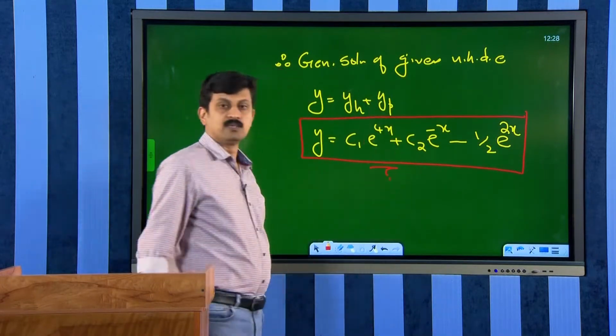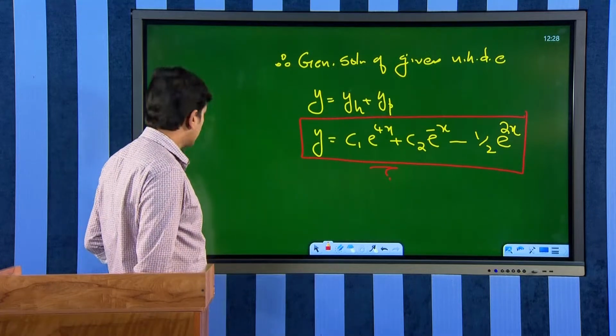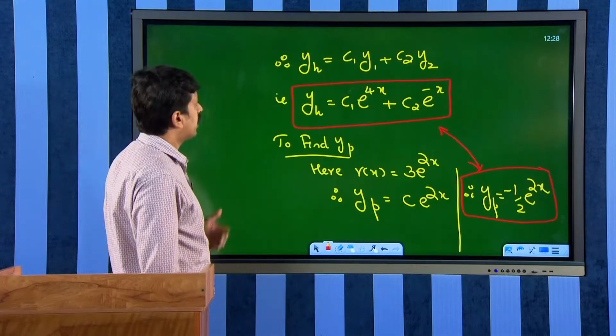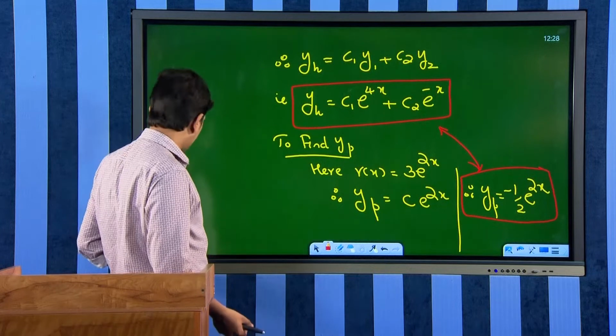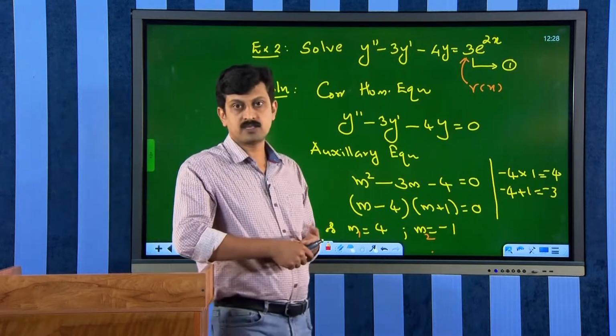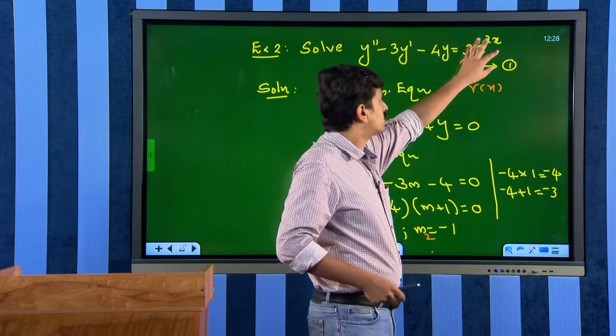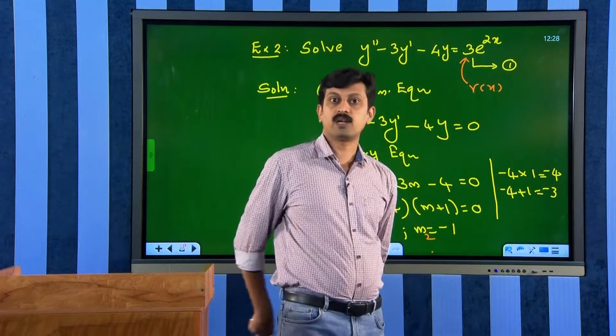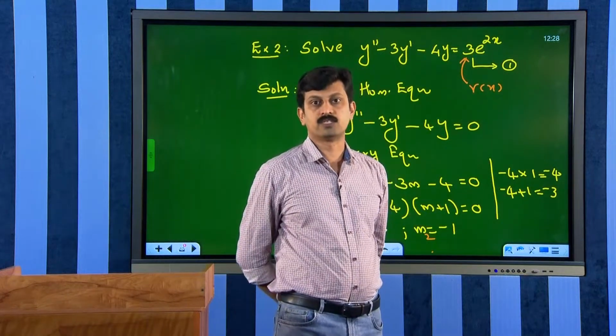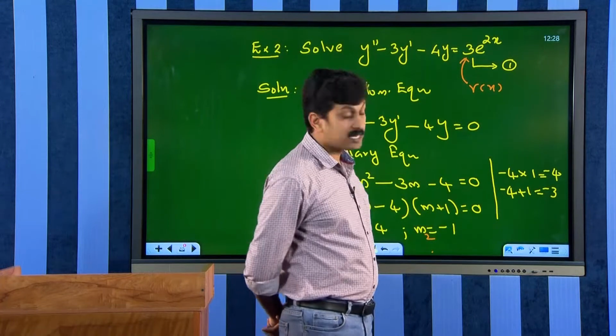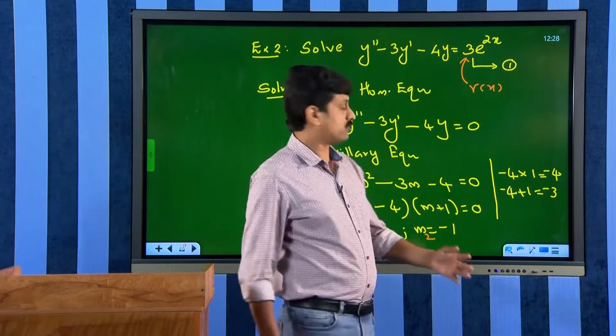Okay, fine. Actually, we just check the value of the function r of x, that is the function which belongs to the RHS part of the linear non-homogeneous differential equation. If that is an exponential function, we can use this method.